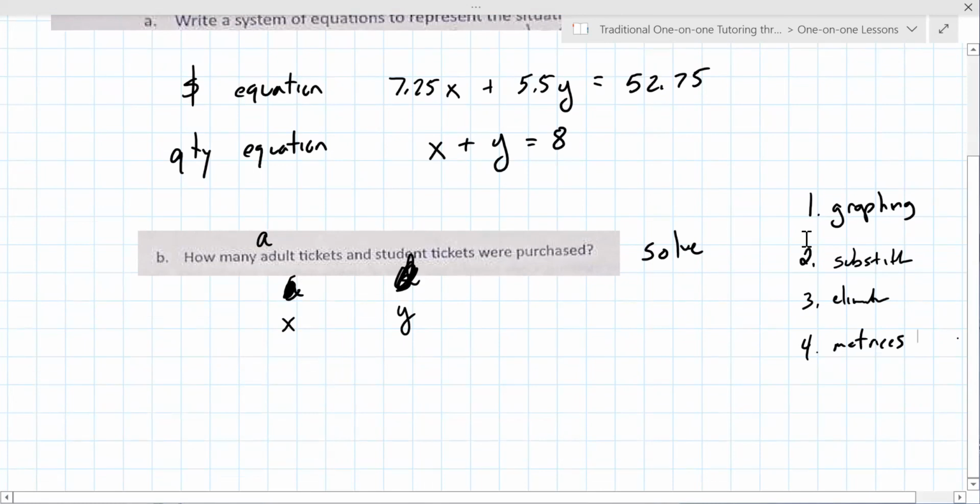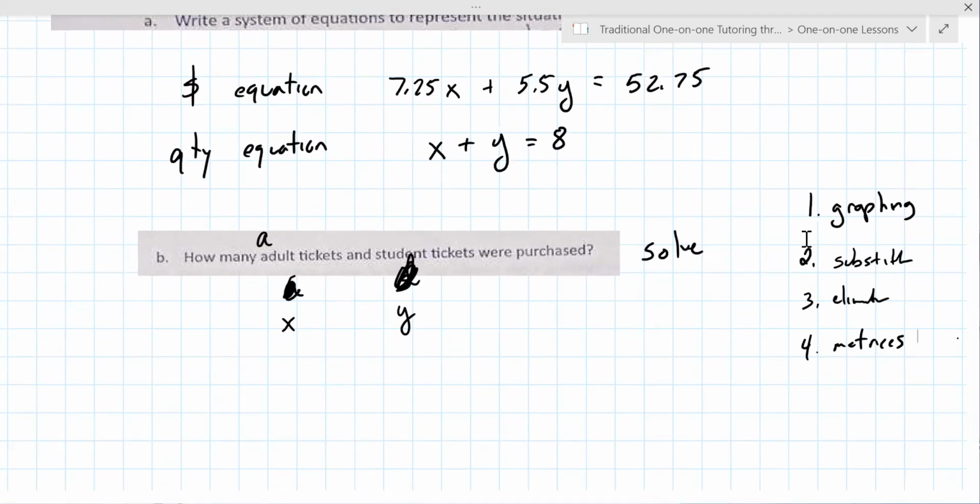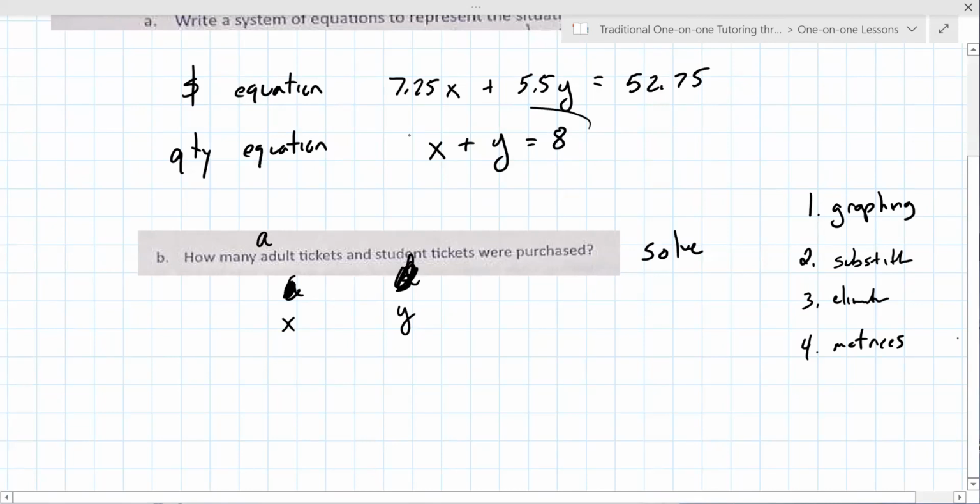Because you have to solve for both x and y, it doesn't really matter. But we're gonna solve this second equation for y, and that's where I'd like you to start. Can you solve this for y?